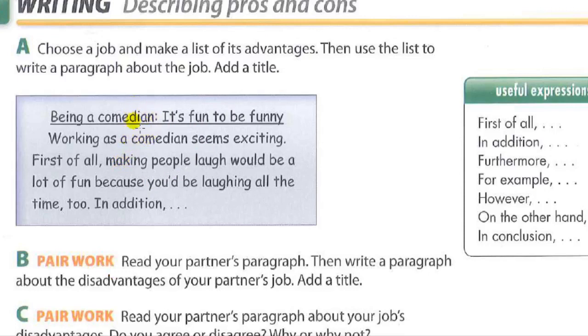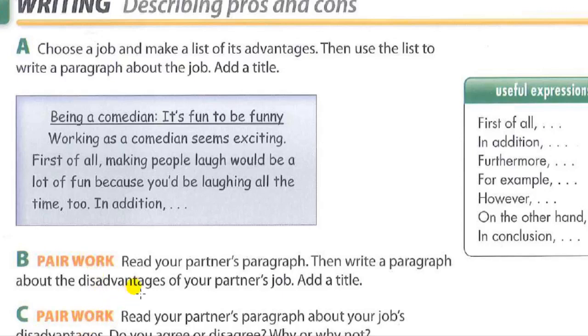You can start with the introduction about work, and then you write about a certain job. The second part will be the first paragraph of the body, where you write the advantages. Paragraph 3 will be the second paragraph in the body, about the disadvantages of this job, and then the end, the conclusion.